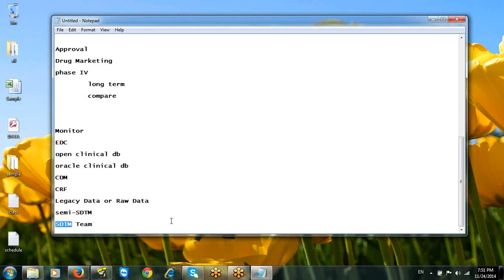Of course, here we have different data sets or domains, like the demographic table, adverse event table, medical history, laboratory findings, exposure, and disposition. Like that, we have different domains and data sets.